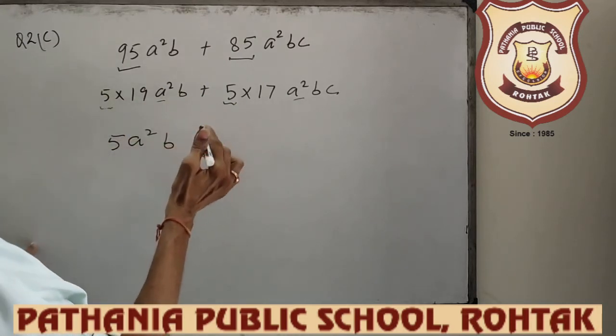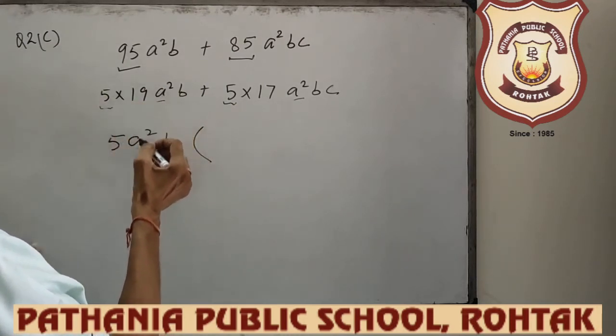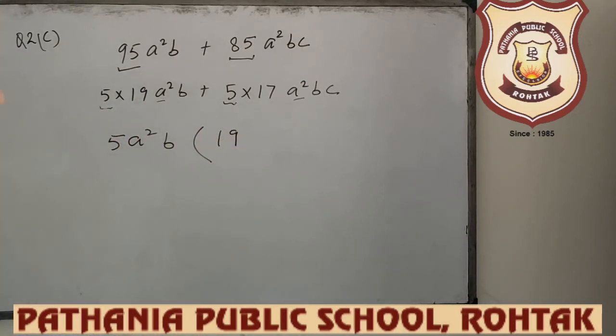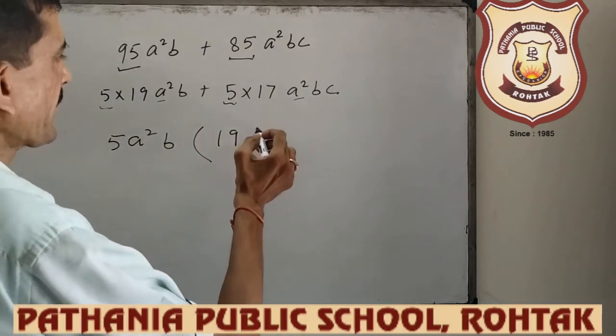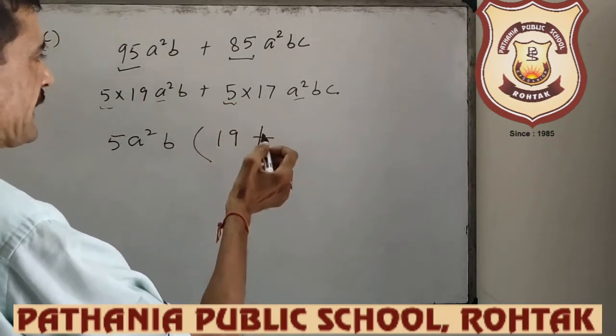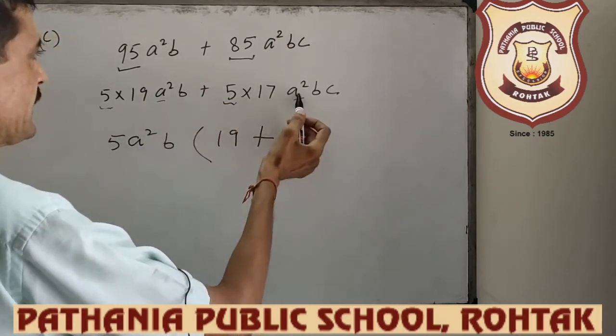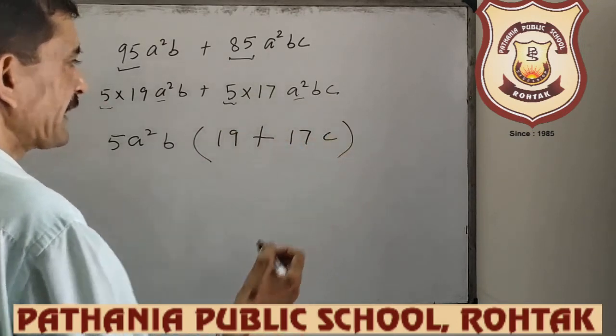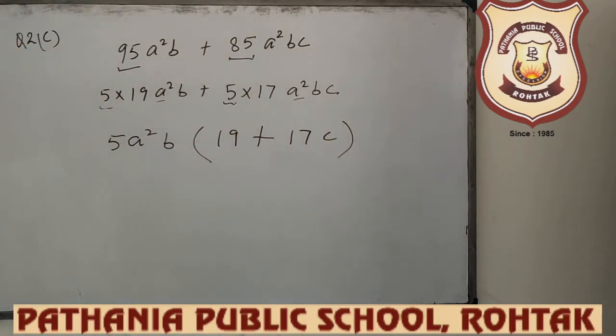Now 5 is outside, a square is outside, b is outside, 19 is left. And in this plus sign, 5 is outside, a square is outside, b is outside, 17c is left. So this is the way to factorize this.